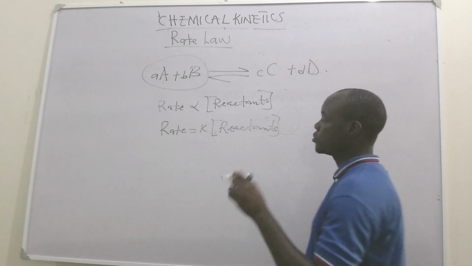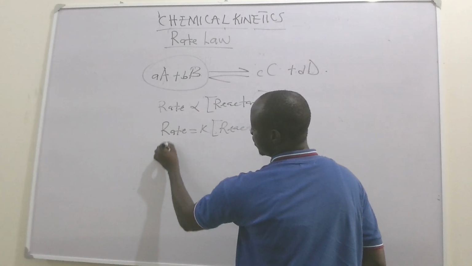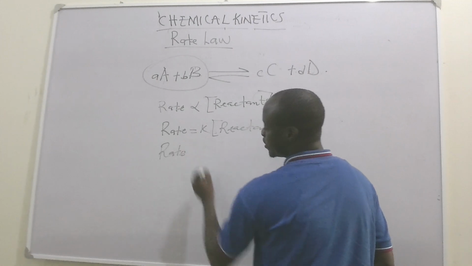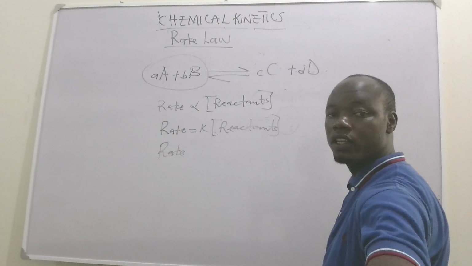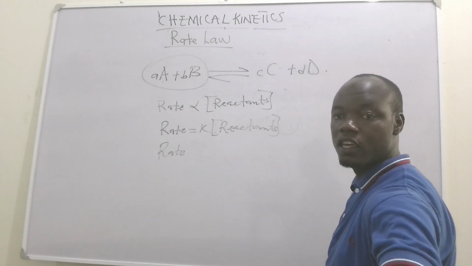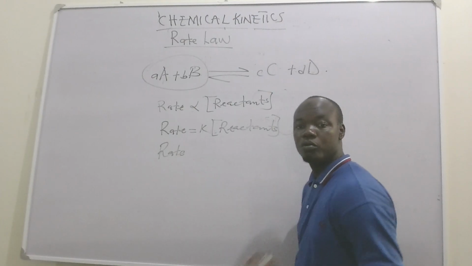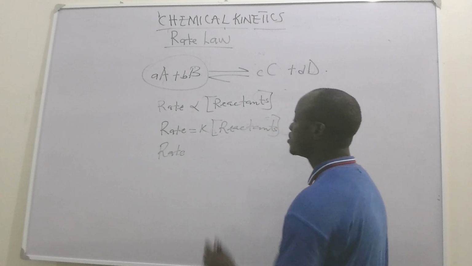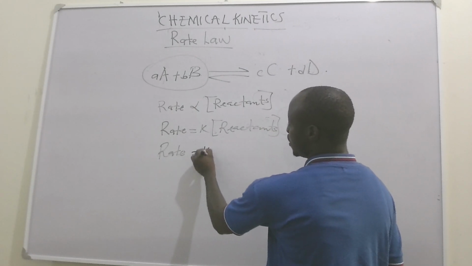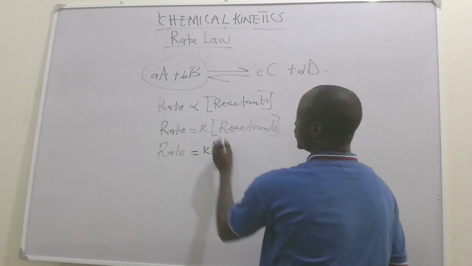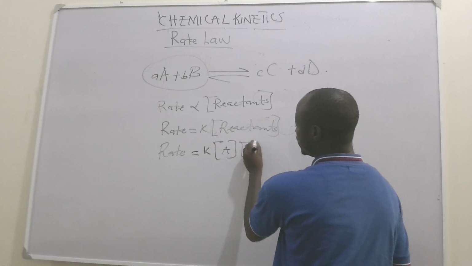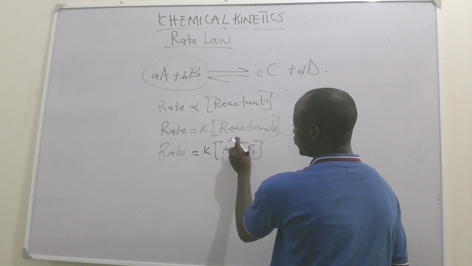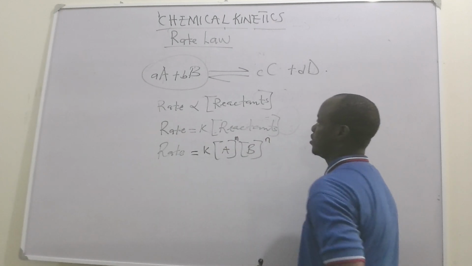So how are we going to express it? The rate is equal to k, concentration of A, and concentration of B, with exponents m and n.